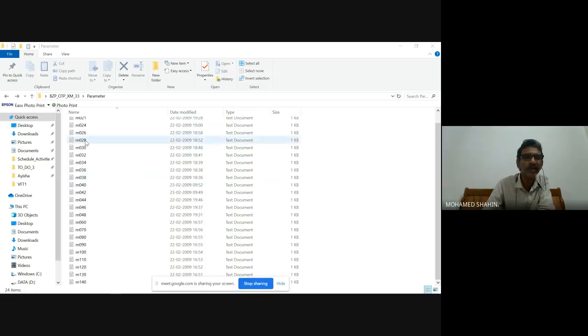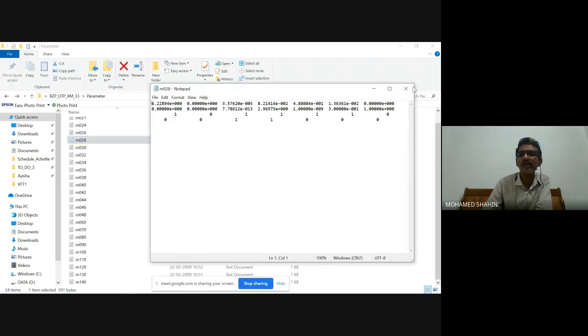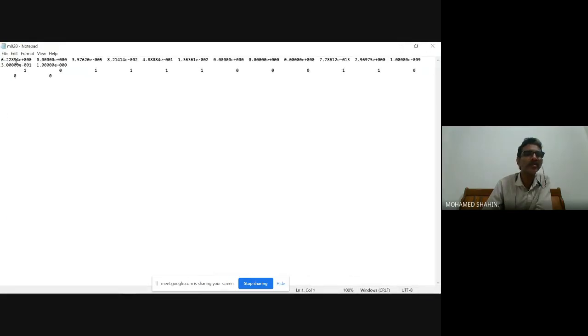What I understand from this is that M028 means the temperature is minus 28, and these are the parameters. This is delta epsilon 1, delta epsilon 2, and all the other parameters follow.